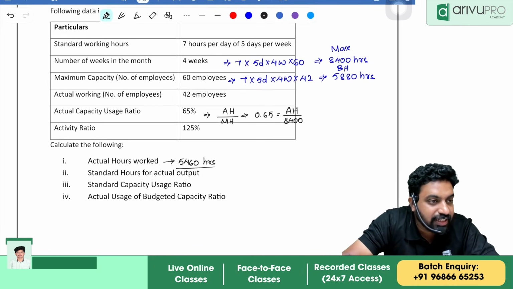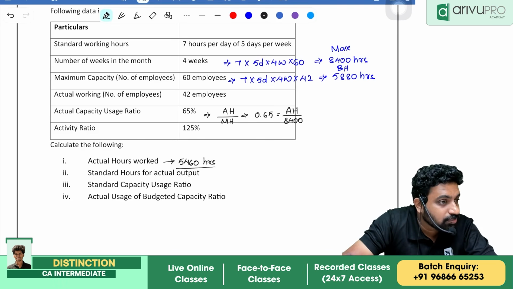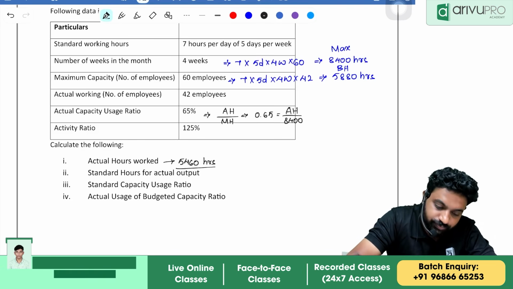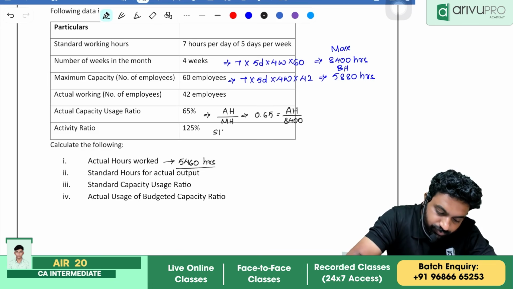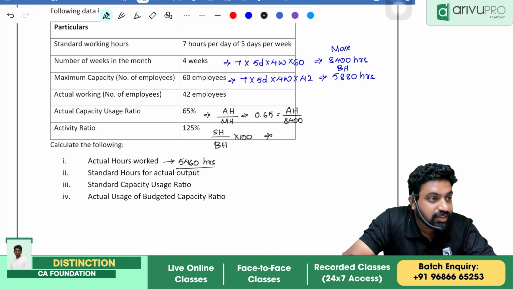Standard hours for actual output they have asked. They have given the activity ratio. May I know the activity ratio formula? Standard hours by budgeted hours into 100.